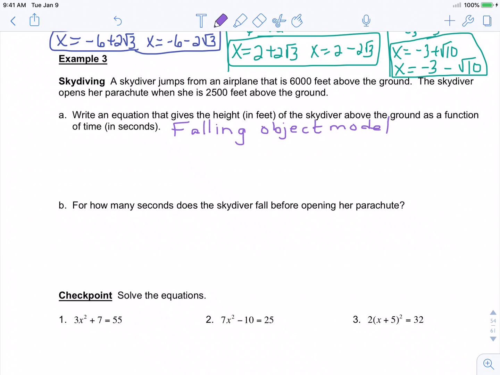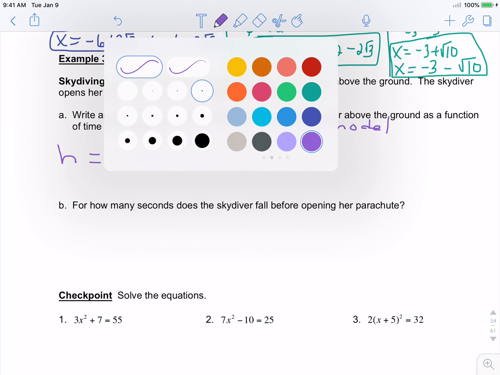So there's an equation that we're going to use, and we're going to plug stuff into it. The basic equation for the falling object is h equals negative 16t squared plus h sub 0.